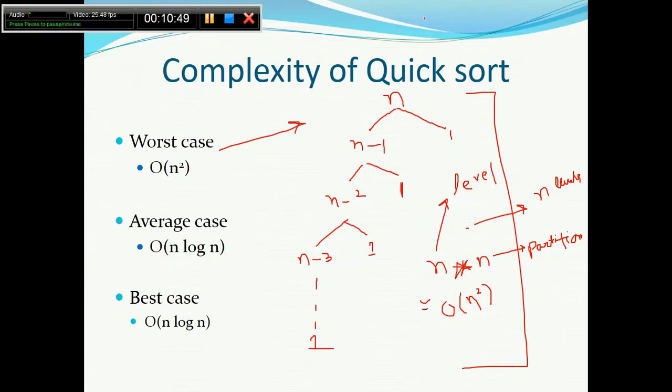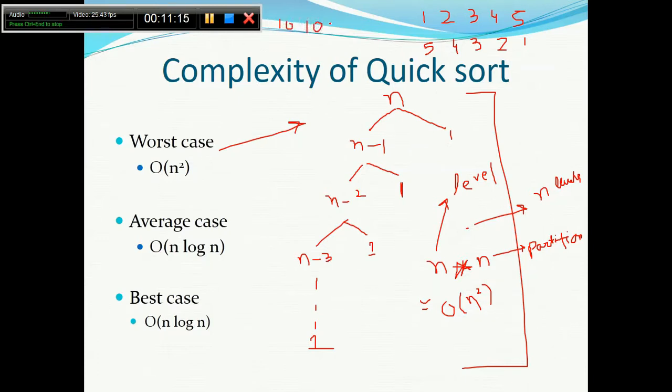The first case would be 1, 2, 3, 4, 5. The second case would be 5, 4, and so on. If the array is already sorted in increasing or decreasing order, these are the first two cases. The third case is if all the numbers are the same, like 10.